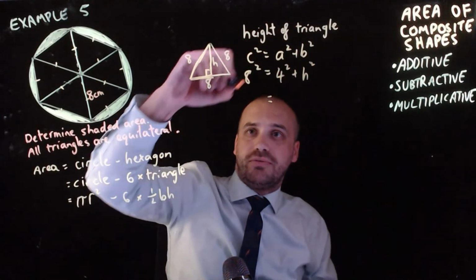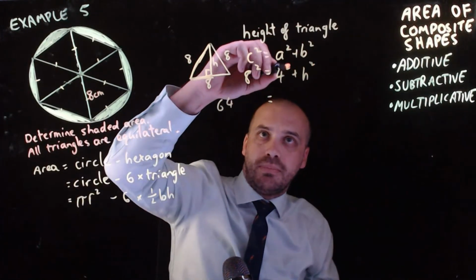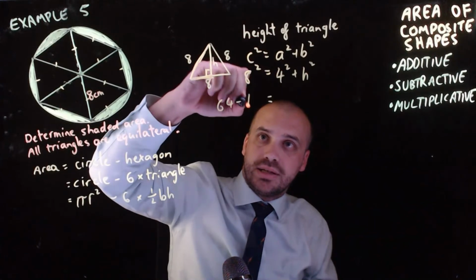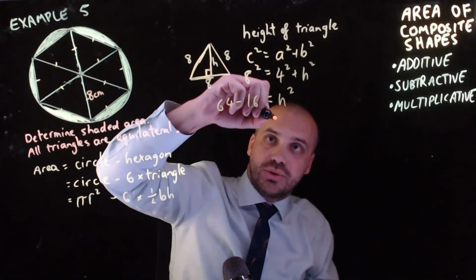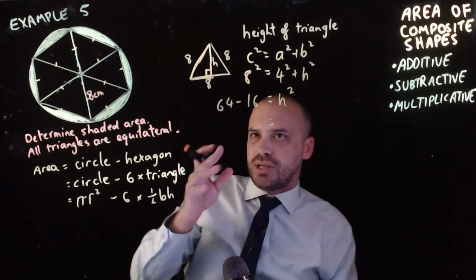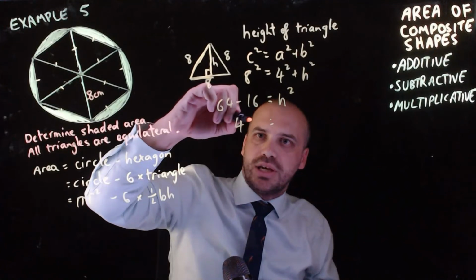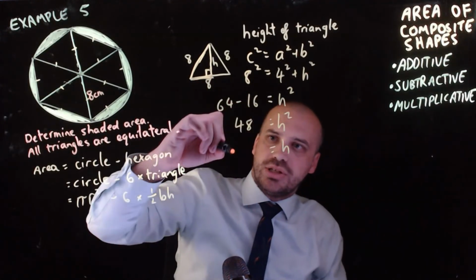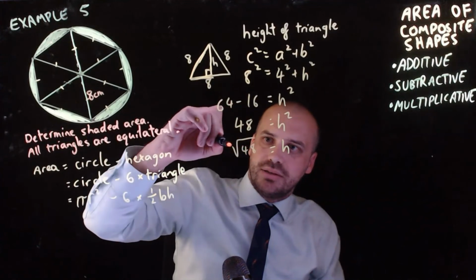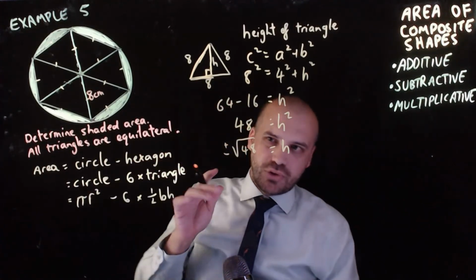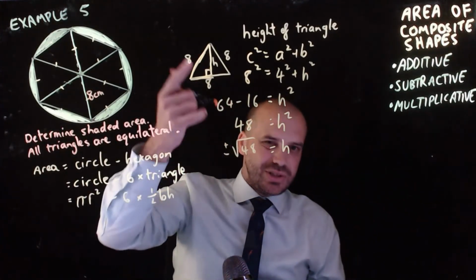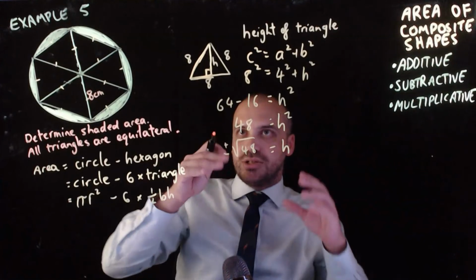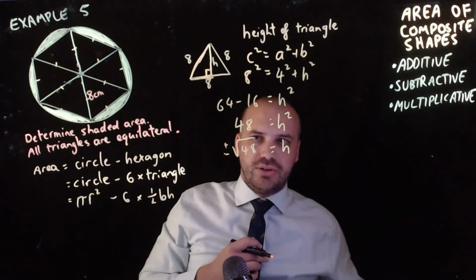Alright, so now we have 64 minus 16 equals h squared. 64 minus 16 is 48, so h squared is 48, which means that h is the square root of 48, plus or minus. But of course we reject the negative because it's a length, and so then it's just the positive value here.